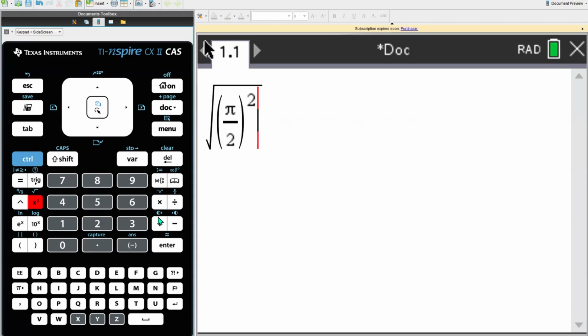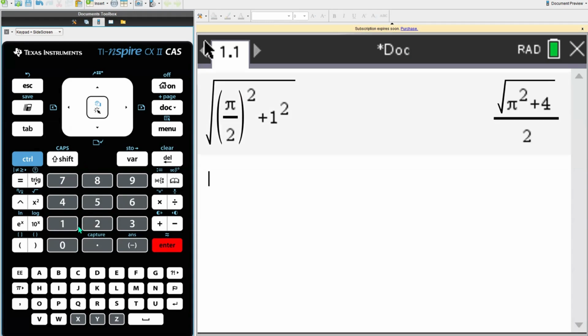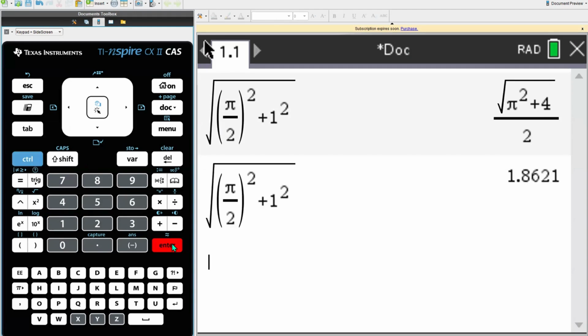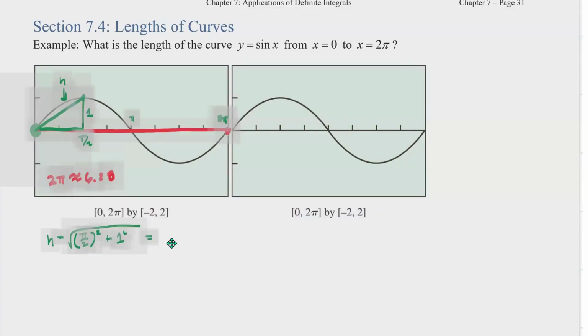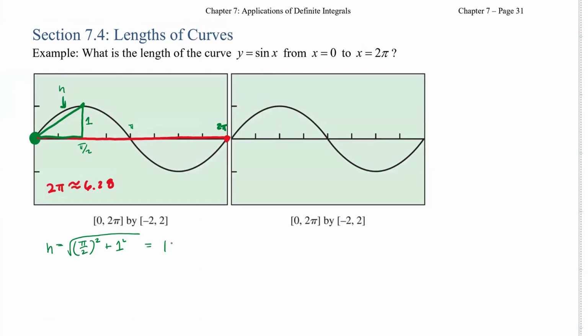We'll square that, and we'll add 1 squared on the end of that. We get that value. I'd rather be interested in the decimal representation, 1.962. This is 1.962 approximately. Oh, wait, but there are 4 of those hypotenuses.